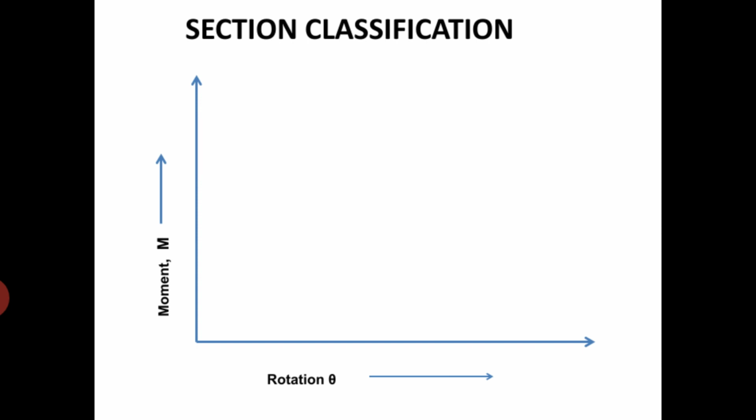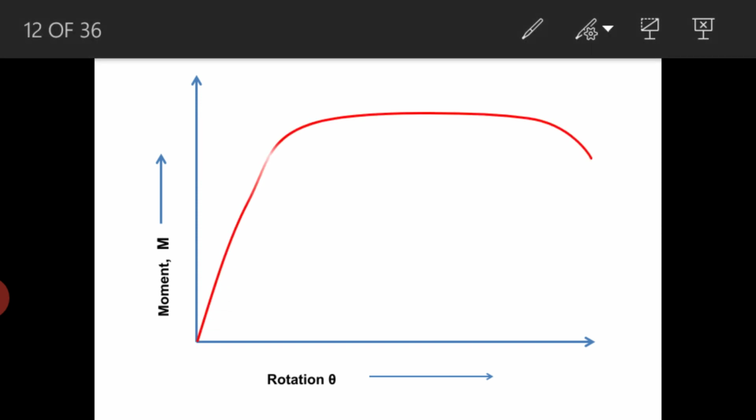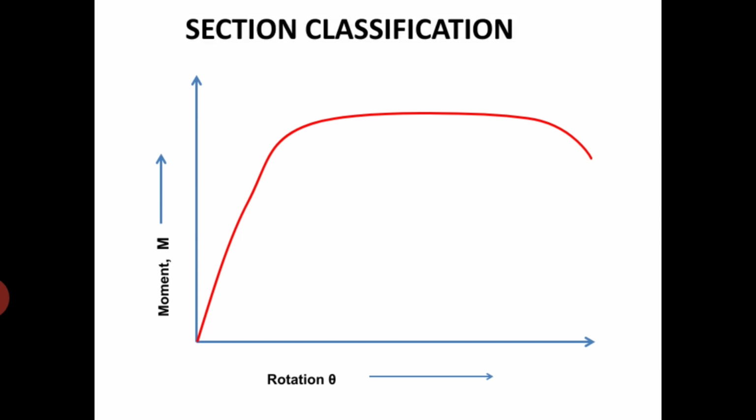Here the cross sections are fully effective, so that is shown here. So look at this graph. This is a completely ductile nature of the section. This represents the ductile nature of the section, which deforms largely.